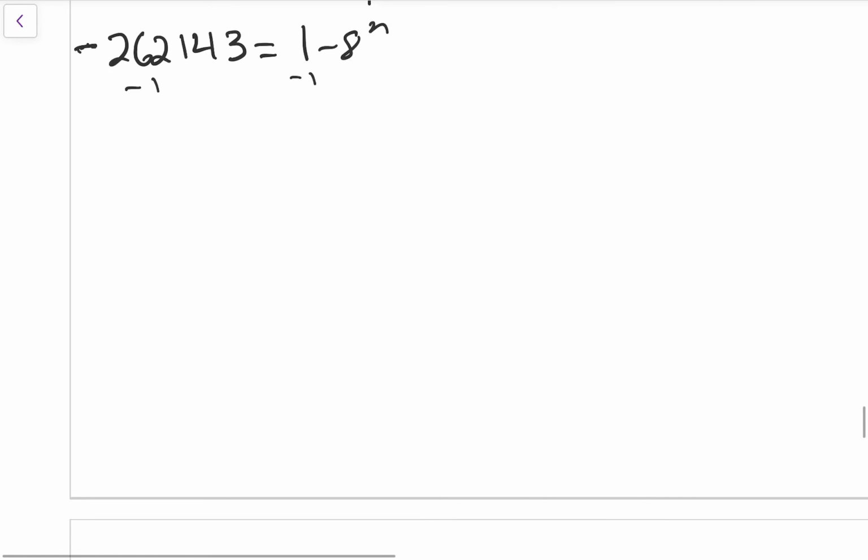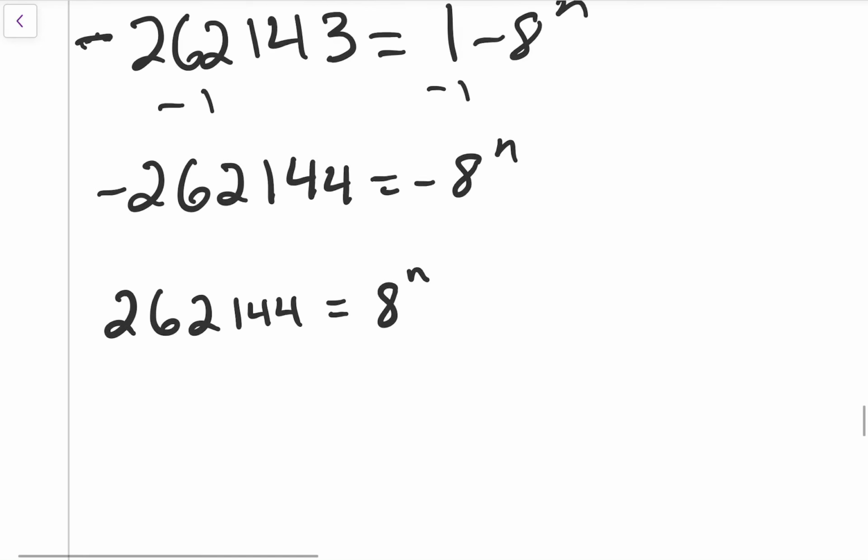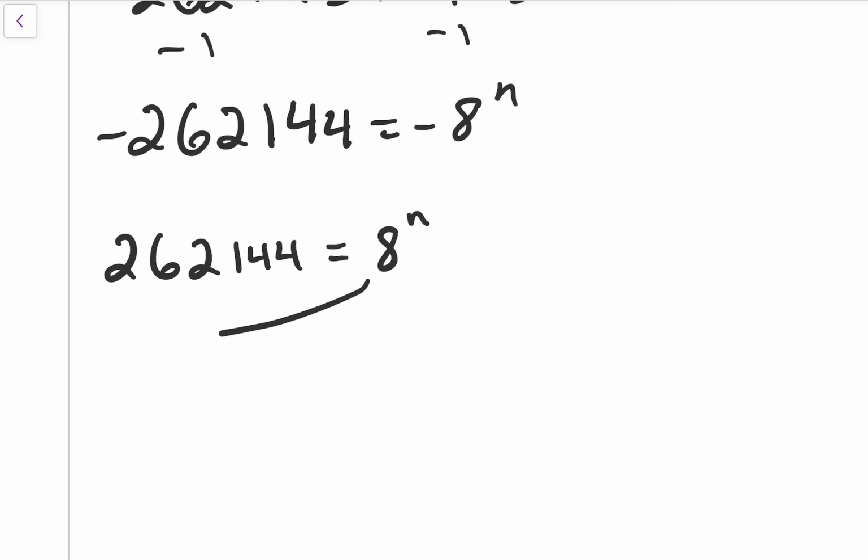Subtract 1, subtract 1. Negative 262,144 equals negative 8 to the n. Divide both sides by negative 1. Both are positive then. Again, exponential. Rewrite.